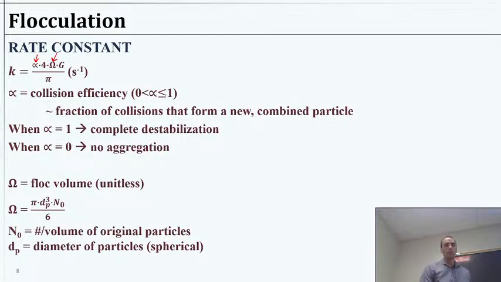Pretty straightforward. We don't really have a good way of describing or of finding that in practice aside from doing an observation, right? So this is something that we could solve for given a particular condition if we knew all the other parameters. I think there's maybe going to be a homework problem like that, or I've used one before, where you solve the mass balance, you solve for the K so that you can solve for this piece, right?